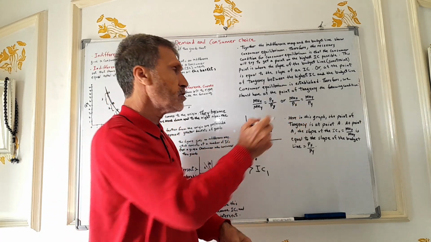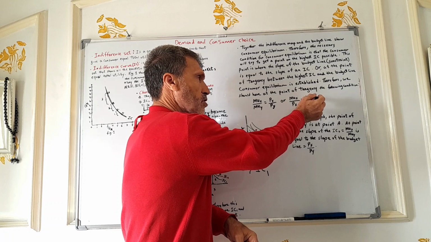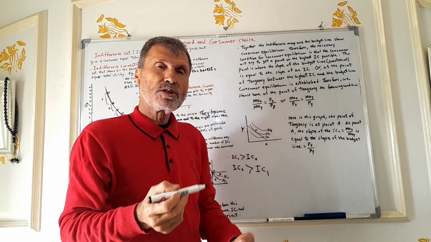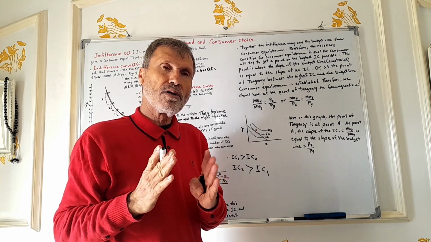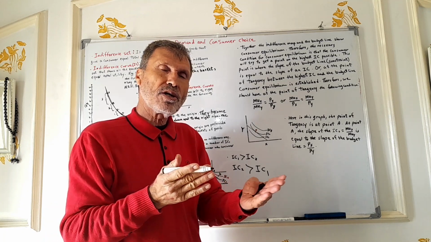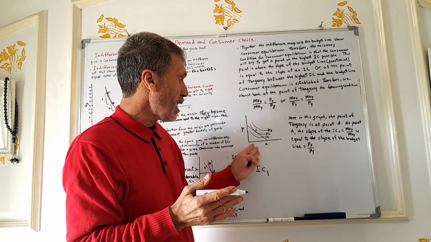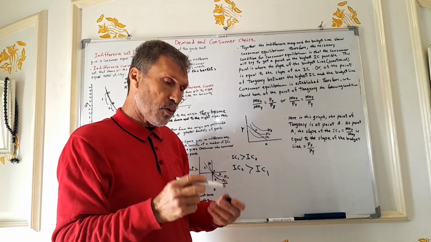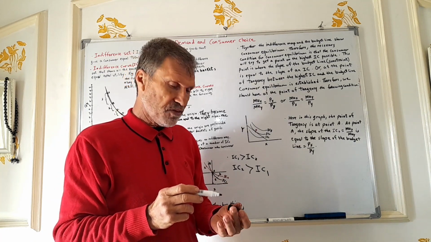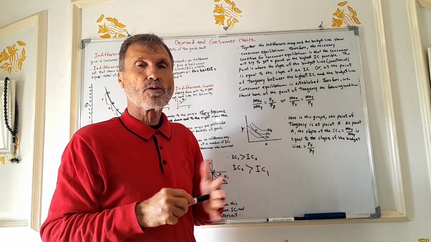That is, MUx over Px equals MUy over Py, which is the equalization of marginal utility per dollar for all goods. Here we have good X and good Y. So as you can see, at point A, the point of tangency between the highest indifference curve and the budget line will give us consumer equilibrium.